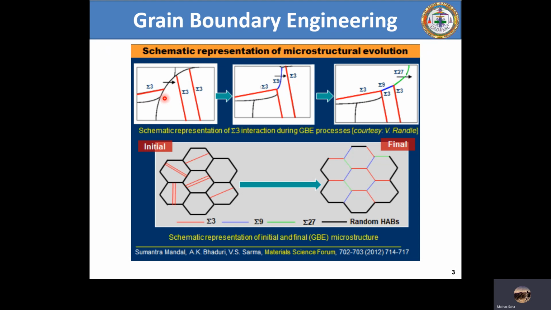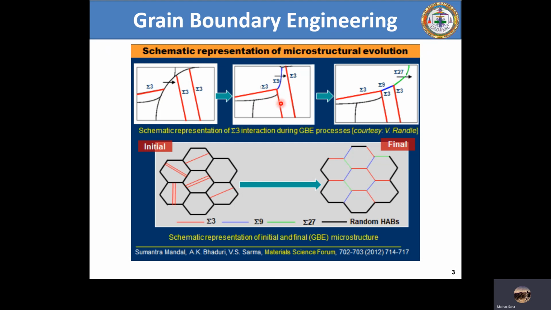When we give thermomechanical processing, which I will discuss in the next slide, to attain a grain boundary engineered microstructure, we end up reducing the volume fraction of the high angle, random angle boundary. As you can see, the extent of black lines has been reduced as compared to this case. The sigma 3 boundaries have increased in volume fraction, and sigma 9 boundary has also been induced.